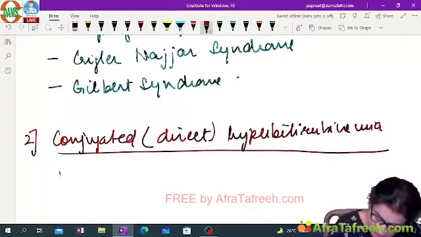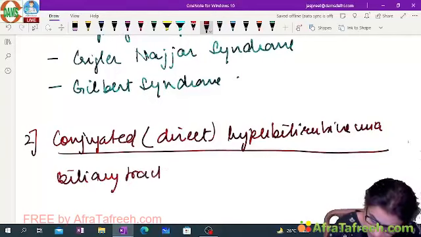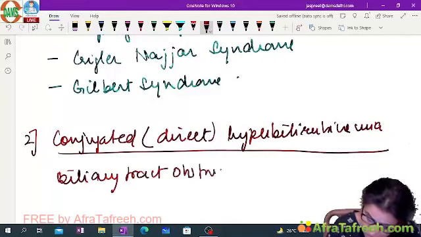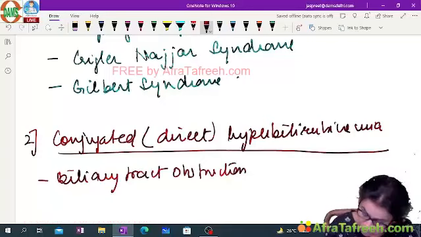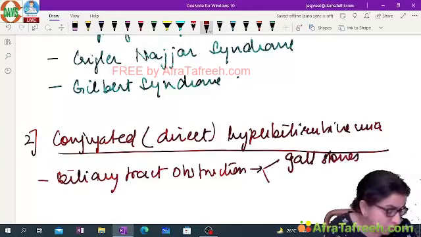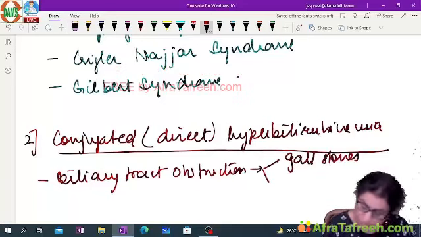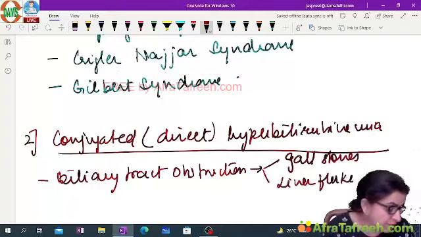So conjugated bilirubin is formed, but it cannot come out of the liver. This is seen first in biliary tract obstruction, if there is obstruction to the flow of bile. Biliary tract obstruction can be due to gallstones, then liver fluke infestation.